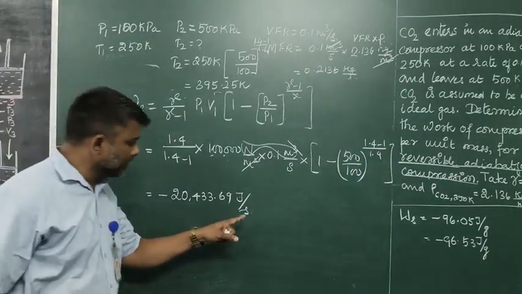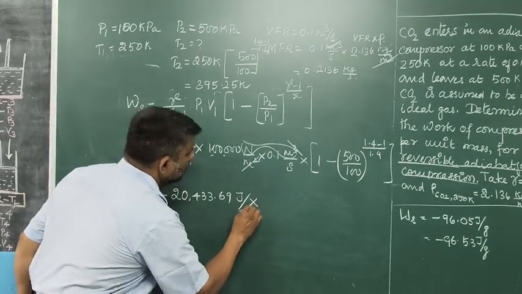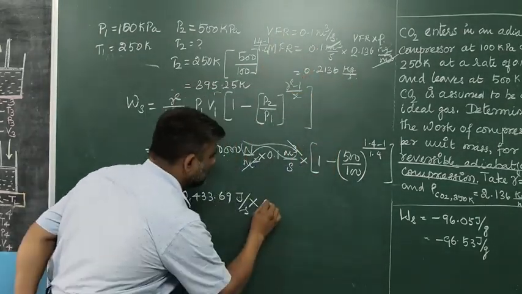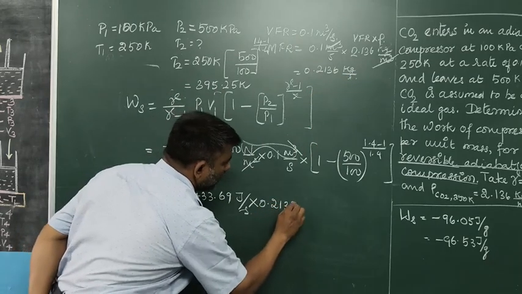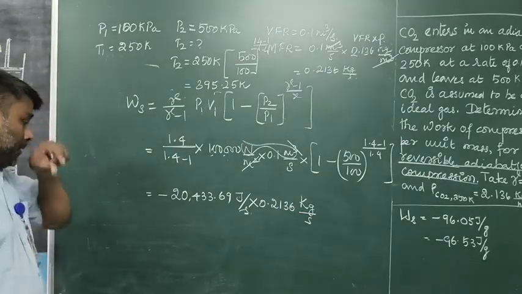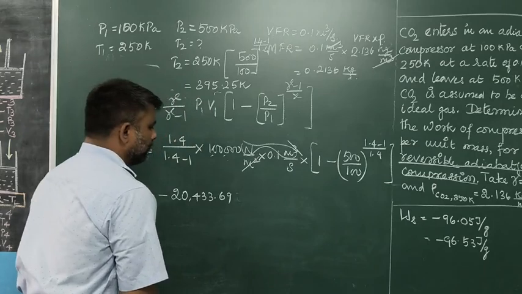In order to cancel the second term, I am going to divide by the mass flow rate, 0.2136 kg per second. Sorry, I am going to divide this by the mass flow rate.